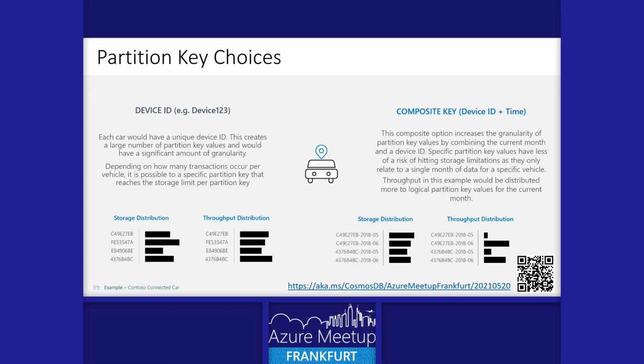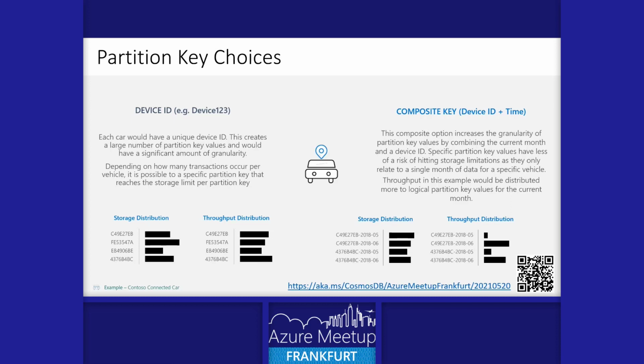When using a composite key, things are a little more interesting. You still have a very good storage distribution. For throughput, you see that certain logical partitions, always the logical partition for each car with the current month, will see higher throughput than for all the other months.